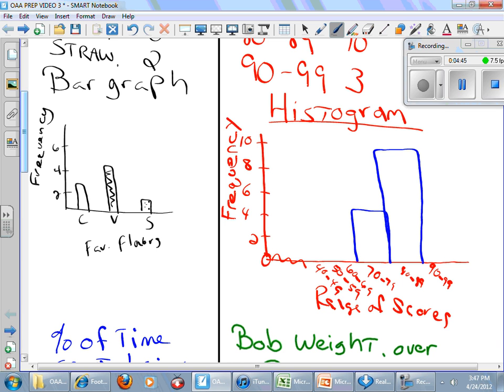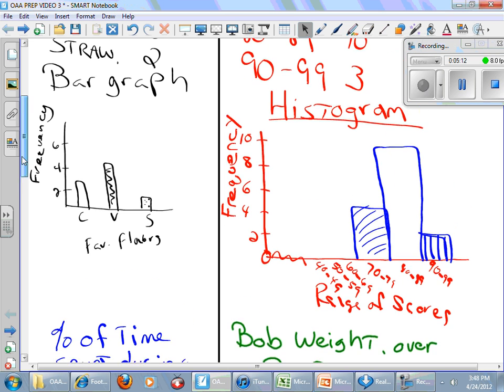They're supposed to be just about the same width, and notice the bars are touching. The 90 to 99 goes to 3, so it's going to go something like that. I guess I should make that a little bit larger. And again, you could stripe it if you want, and stripe that one a different way to make it stand out. But that's a histogram. It's just like a bar graph, except the one variable is occurring in ranges.